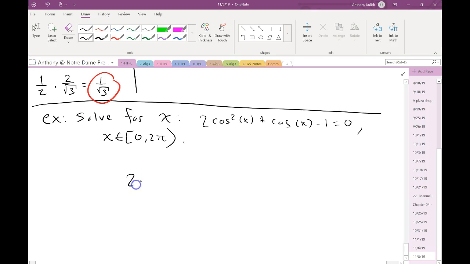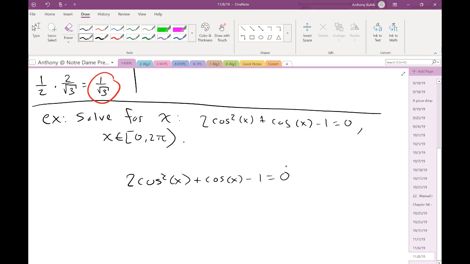All right, so to solve this guy, what are we going to have to do? What do we want to do to solve this? I mean, you can, but it's not going to help you solve anything. I would not do that.